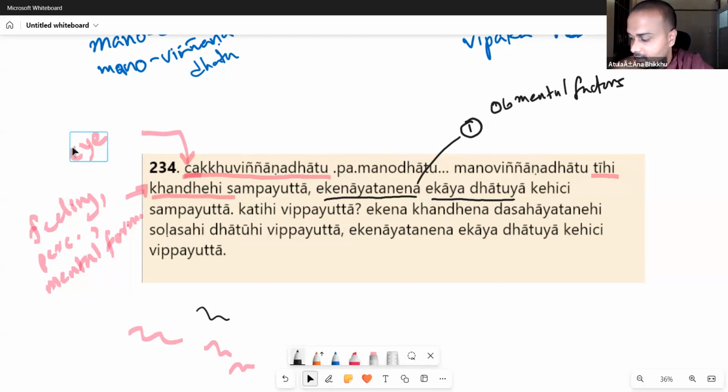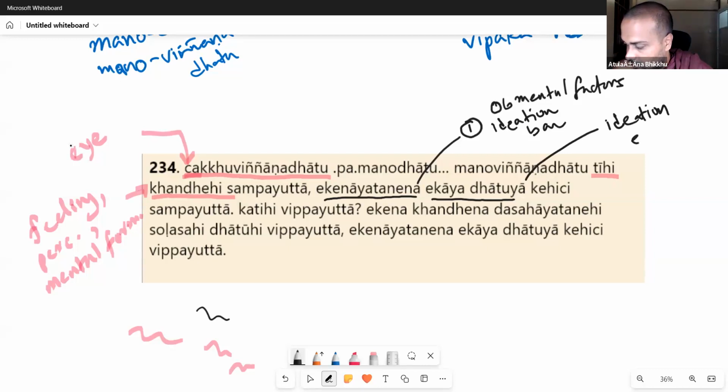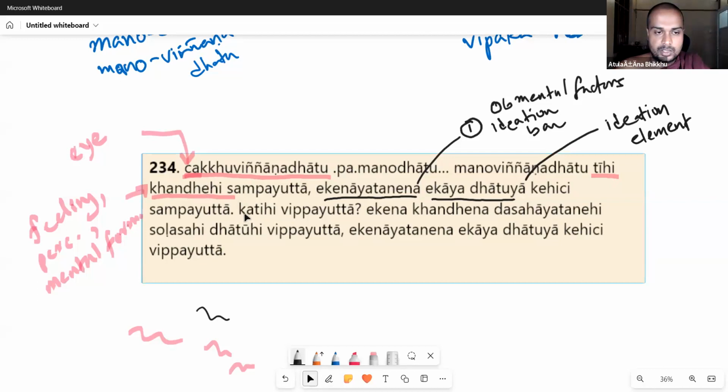So these 6 mental factors are associated with them, in the ideation base. And ekaya dhātuya means again the ideation element. That's how you get the answer for the sampayutta side.